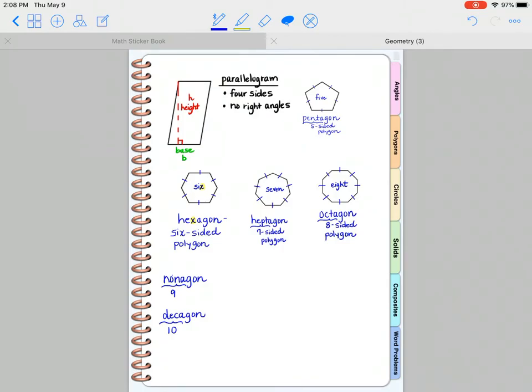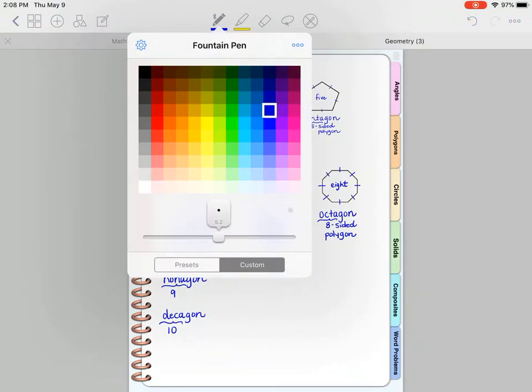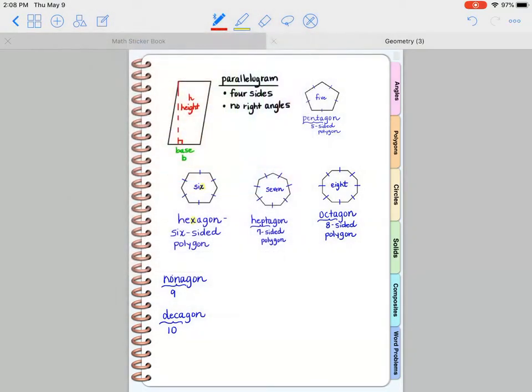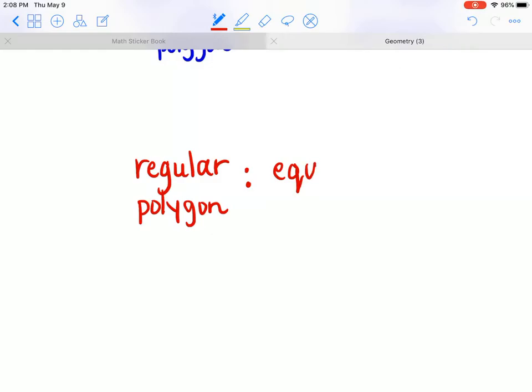Okay, one other thing that I want to tell you is a definition, and I forgot to write it in here, but let me do it. When you see the term regular polygon, or irregular, I guess, would be the opposite of this. A regular polygon has equal sides. So a square is a regular polygon.